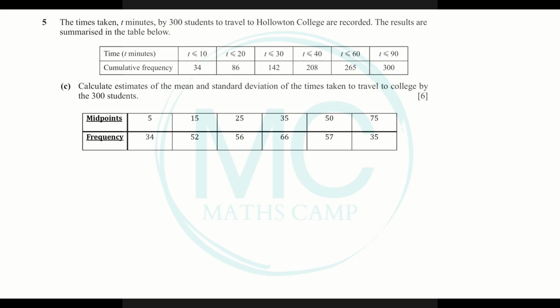So let's start with the estimated mean. To find the estimated mean, all we need to do is multiply each midpoint by its respective frequency and add these together.